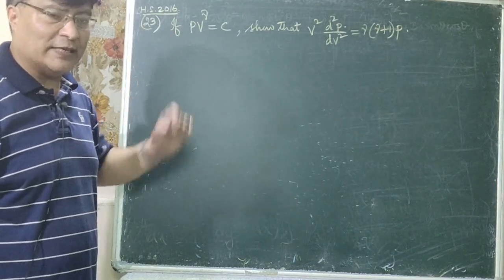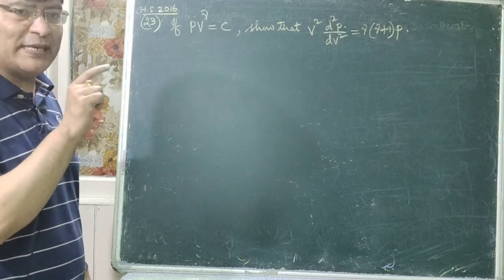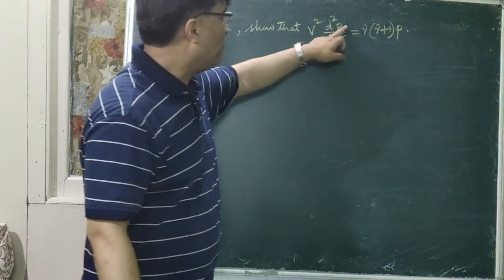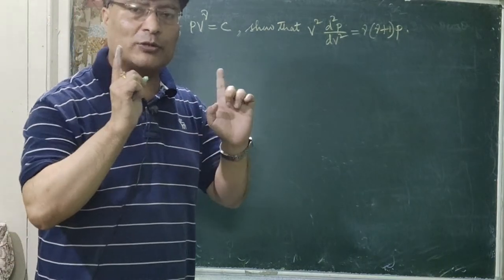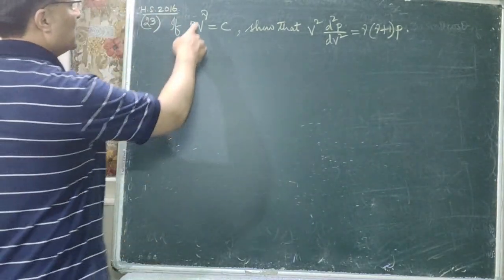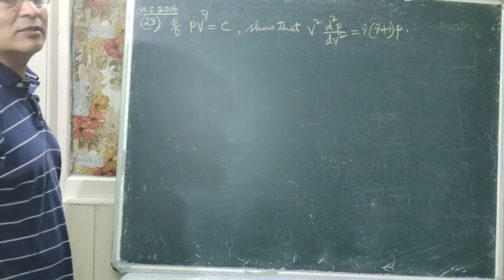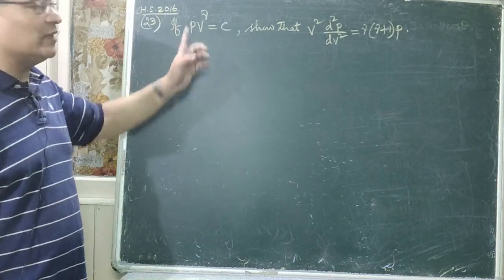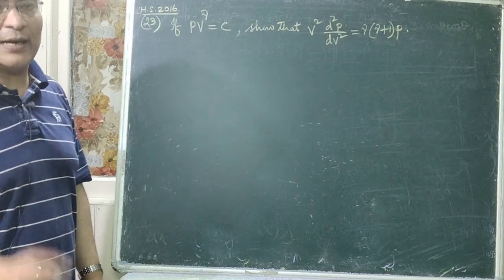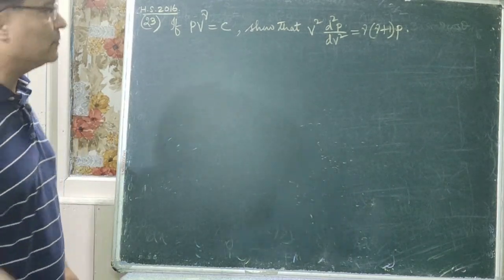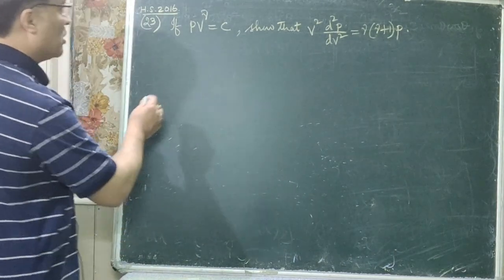That means P and V are the variables here, and gamma and C will be constants. Only P and V are the two variables in this case. Is that clear? So let us do the solution now.